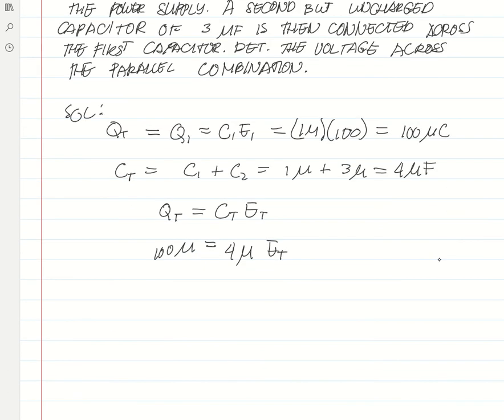So what will be the voltage? This will be equal to 100 micro divided by 4 micro, and this will be equal to 25 volts. So the voltage of the parallel combination is 25 volts.